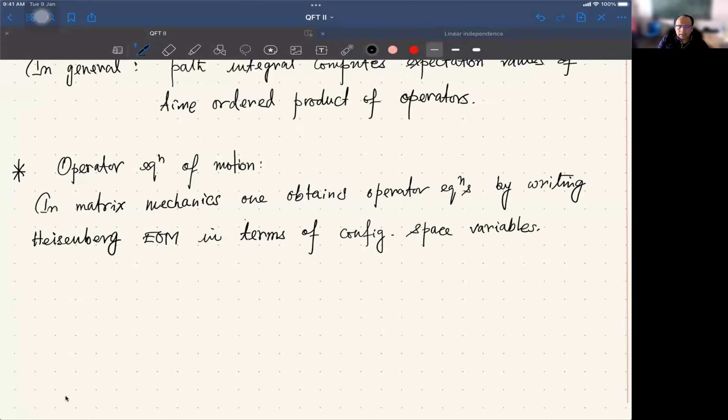Once that is done, then that can be compared with the path integral statements. Such equations should be true also in the path integral statement.